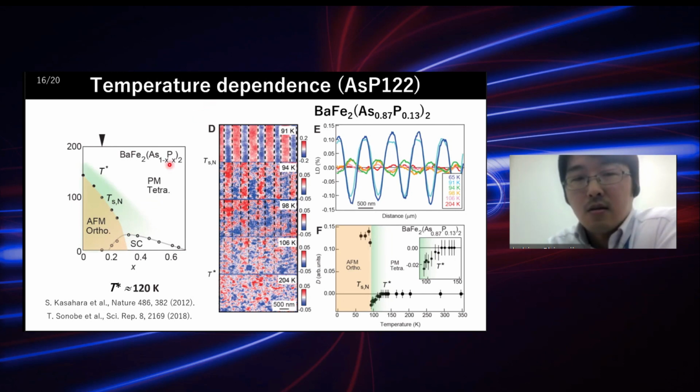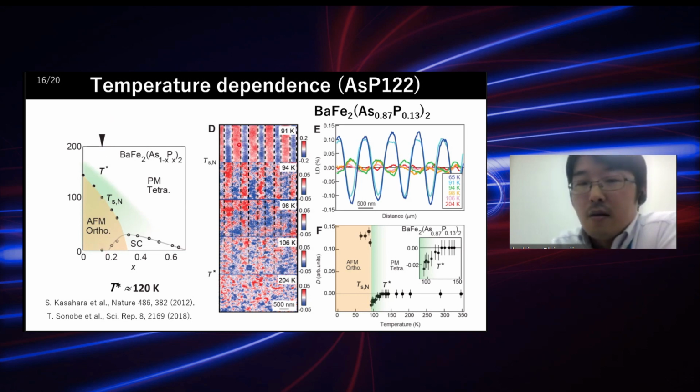So here is the temperature dependence of the nematicity wave from low temperature to higher temperature. So in the phase diagram, now we are looking at this line from low to high temperature.